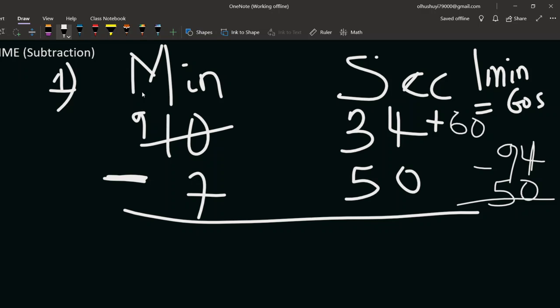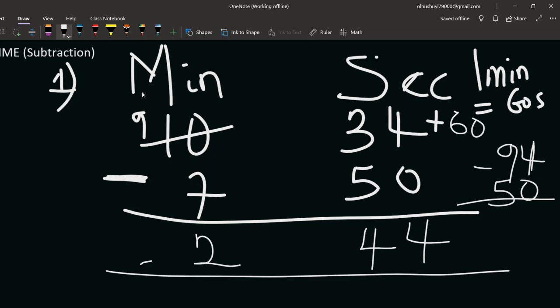What do you have? You have 44. So what we'll be having here will be 44 seconds. Now I have borrowed one here, so reflect on what you have here. No more 10, now 9. So 9 take away 7, you have 2. So our answer becomes 2 minutes 44 seconds.